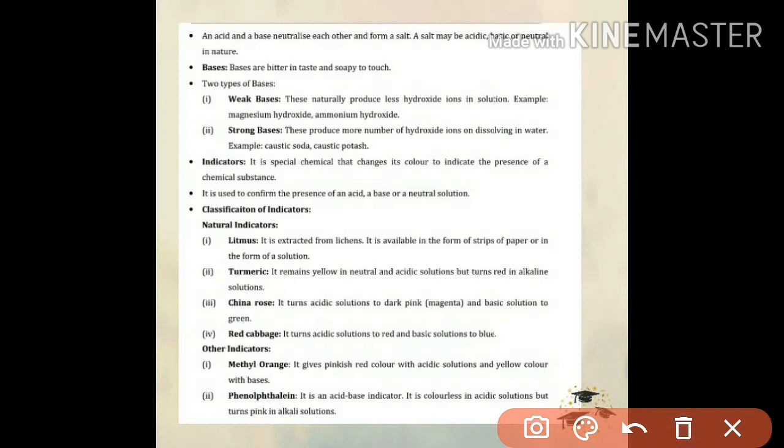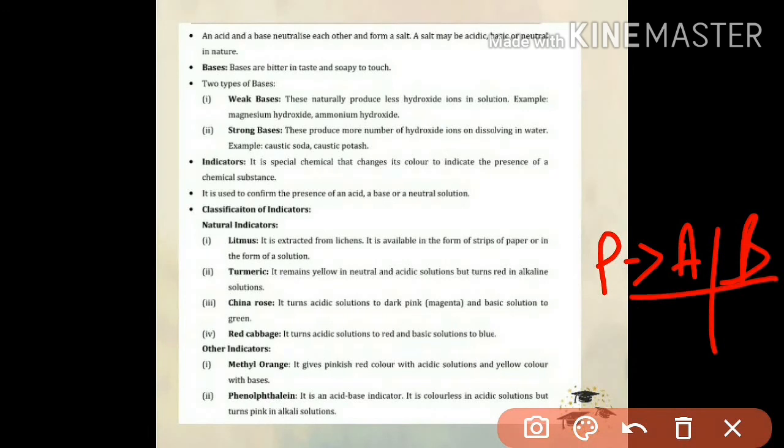In phenolphthalein, I am referring to phenolphthalein here as P, acid as A, base as B. So in phenolphthalein, the acid is colorless, but in the alkali solution it turns pink, representing pink here as P or PI.